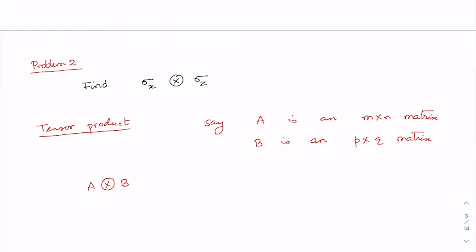This is the symbol for the tensor product, and that would be, so we have the elements of matrix A as A11, A12 and so on.